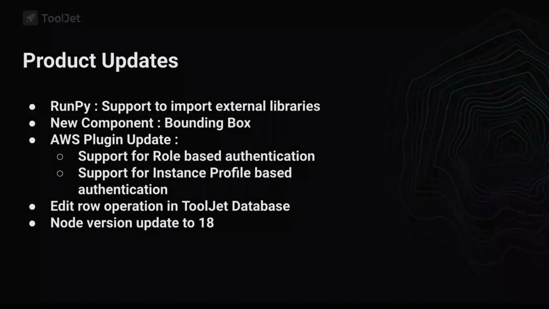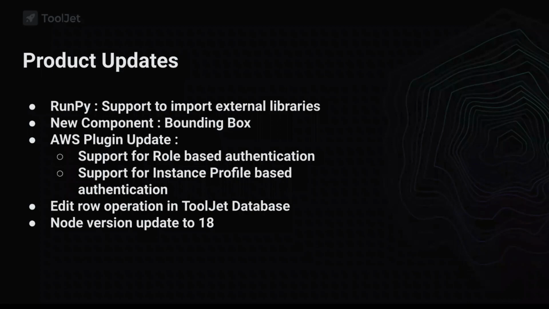So basically now you can import famously used or commonly used libraries which are available in stock Python, right? So those can be imported normally like Python code, and you can use that.